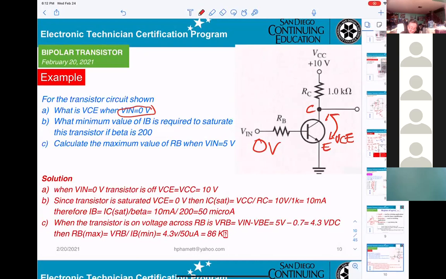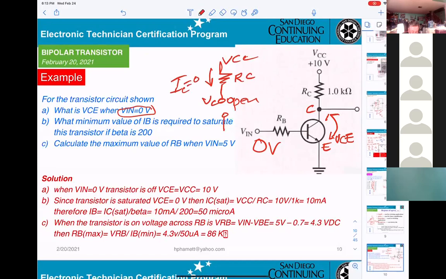Now, 10 volt. You can see that will be VCC, that will be RC, and that will be open. And this will be VC right here. When it is open, the current IC equals what? 0. IC equals 0.